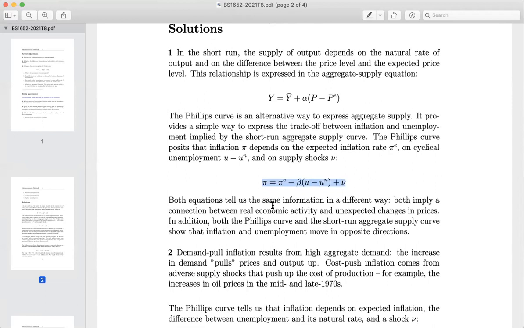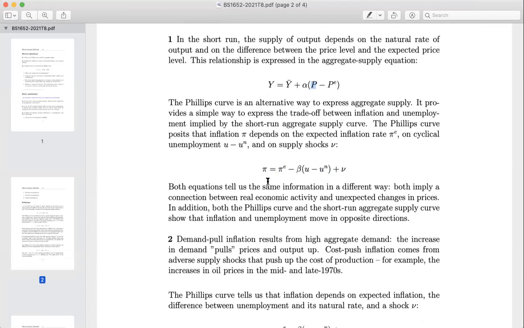Both equations tell us that real economic activity is related to unexpected price changes, or unexpected changes in inflation. Notice that in the short-run aggregate supply we have prices, but in the Phillips curve we talk about inflation. Both tell us there's a negative relationship between inflation and the unemployment rate.